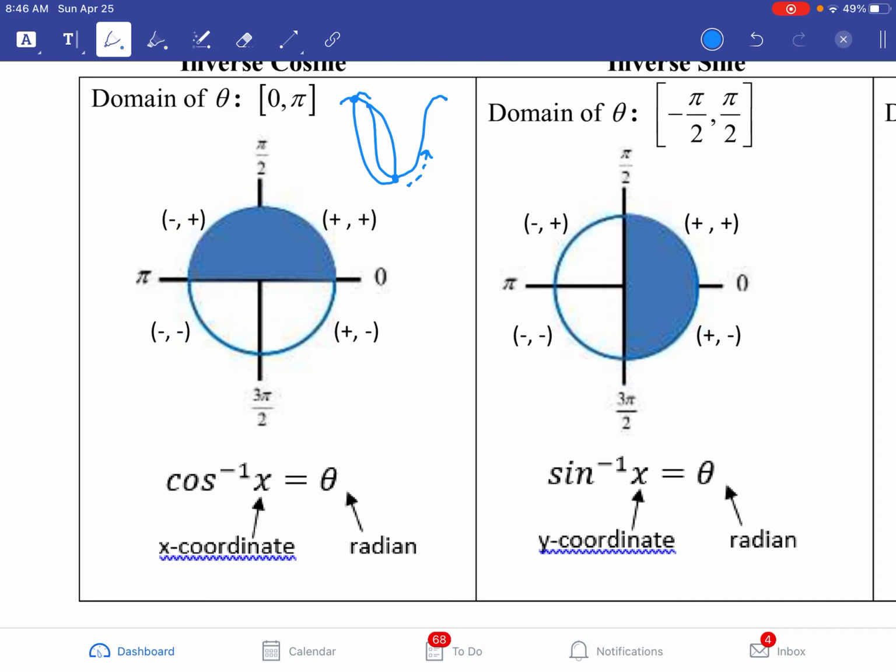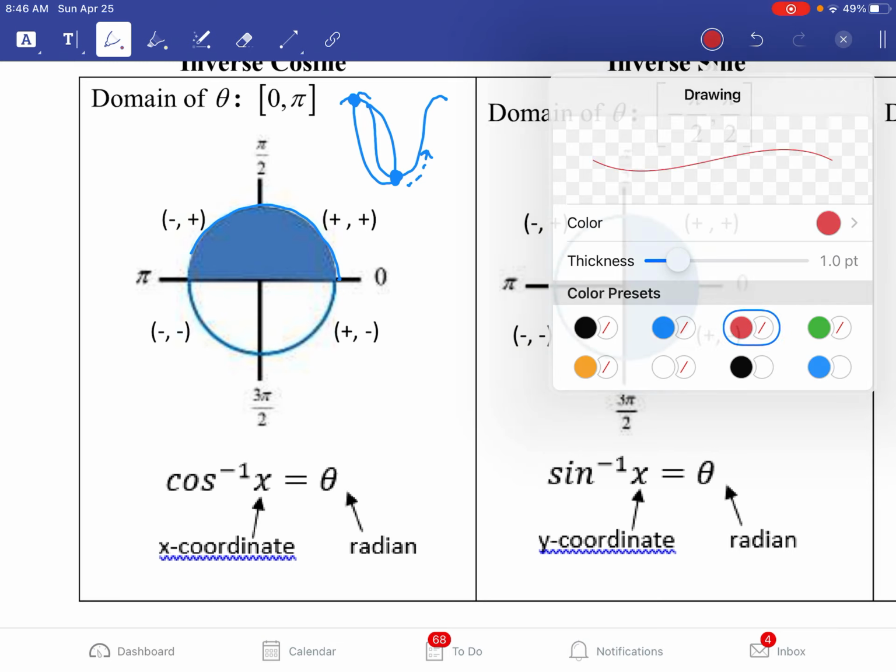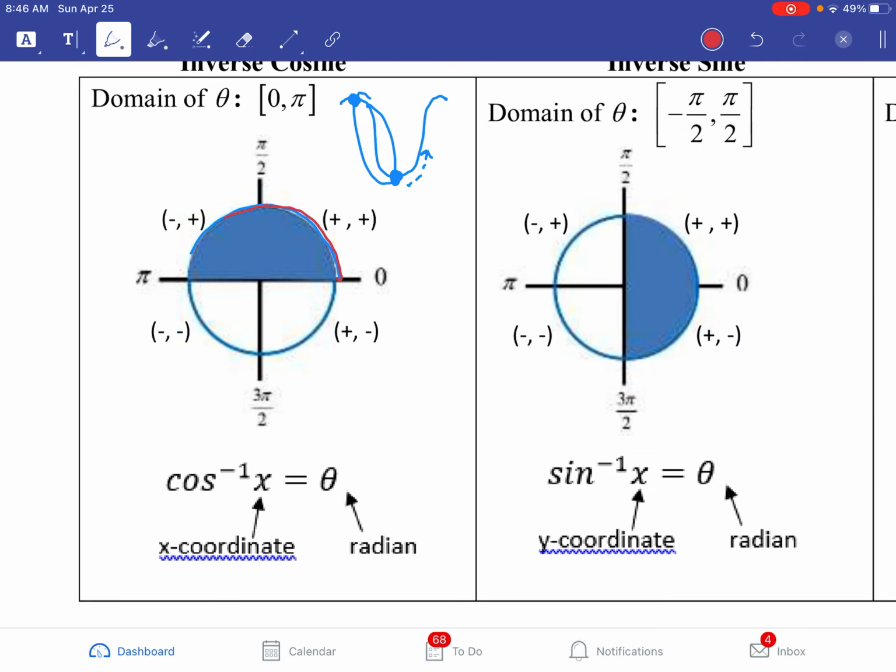So if we started at 0 at the first point and went to pi for the second point, that's as far as we're going on the unit circle. So we're going from 0 to pi before we start repeating our values.